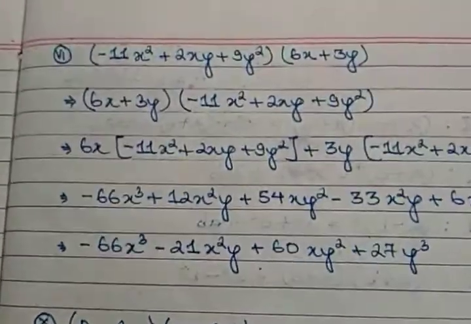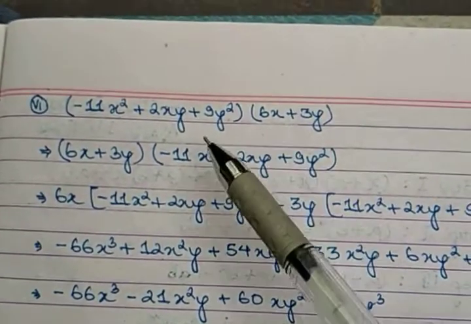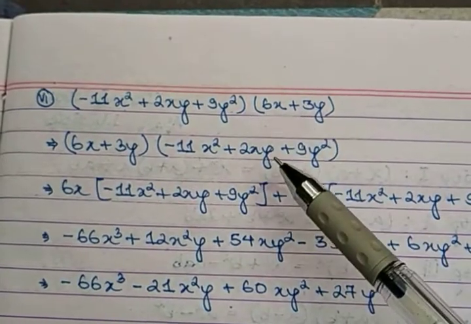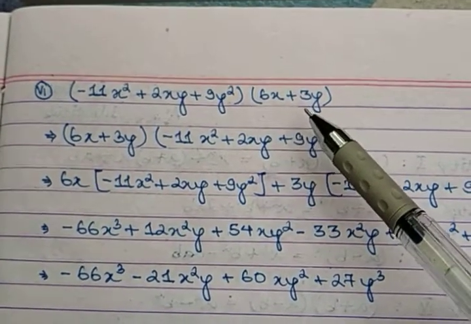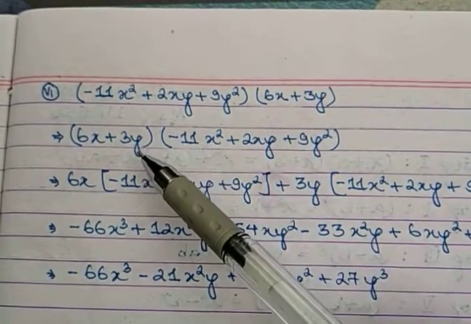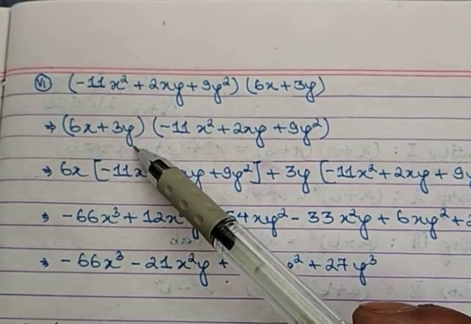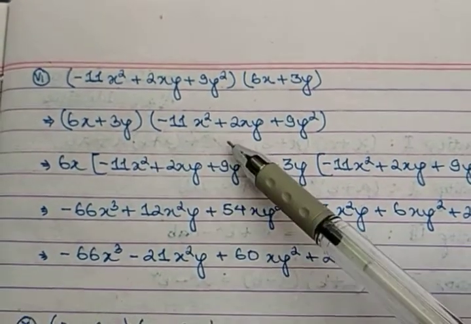Okay, so few more sums. So again the same thing happened here, multiplication of trinomial and binomial. So for trinomial and binomial, as I've already said, you need to place a smaller term. If you place smaller term at front, it will be easier for you. So that is what I have done here. Binomial at first, then the trinomial.